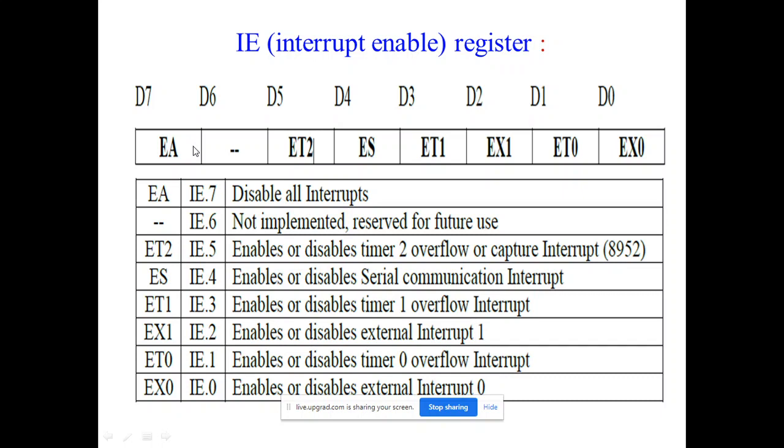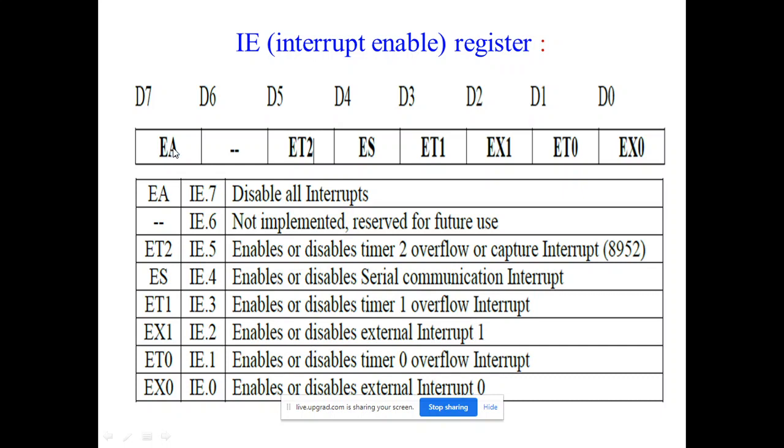For example, suppose my controller is busy with some critical task, and it doesn't want to provide service to any interrupt. That means it doesn't want to provide service to timer 0, timer 1, external interrupt INT 0, INT 1, or serial interrupt. In that situation, instead of disabling everybody, the programmer will just disable it here.